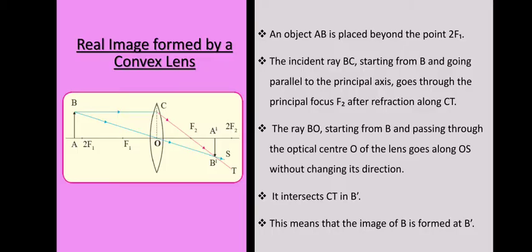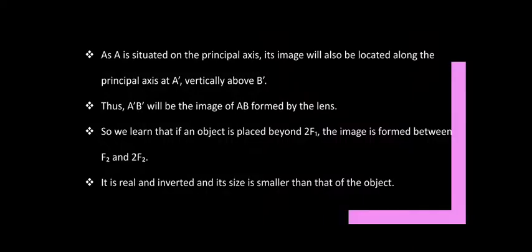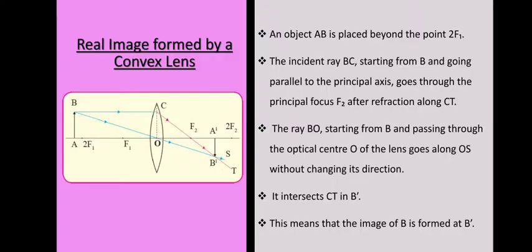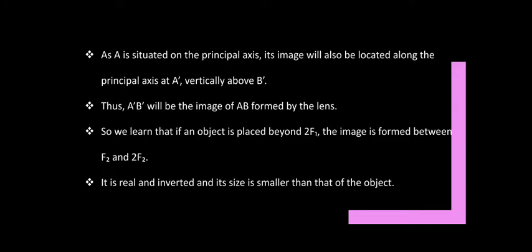We saw here how the image is formed. So, we learned that if an object is placed beyond 2F1, see this is 2F1 and the object is beyond 2F1, the image is formed between F2 and 2F2.